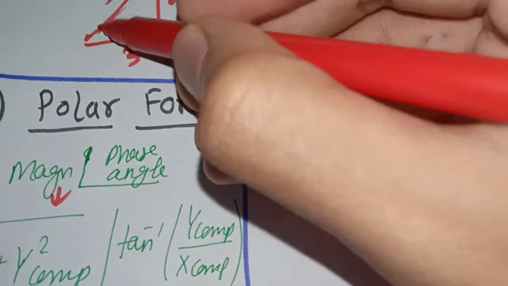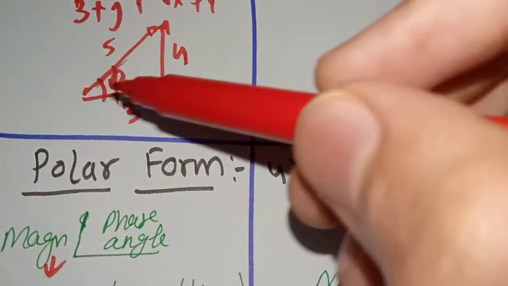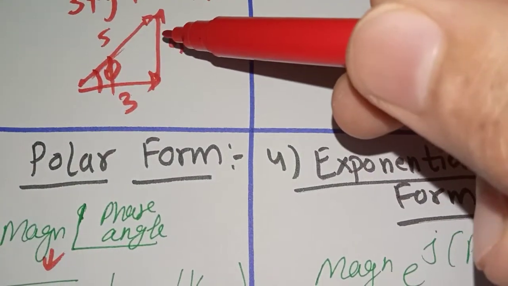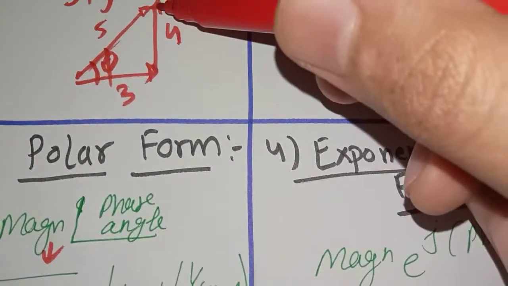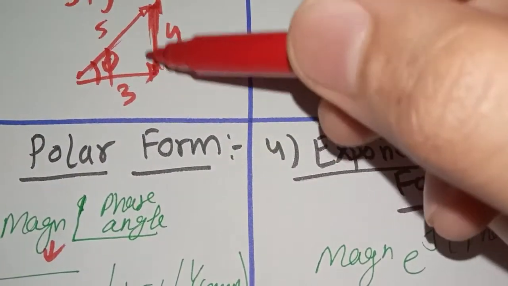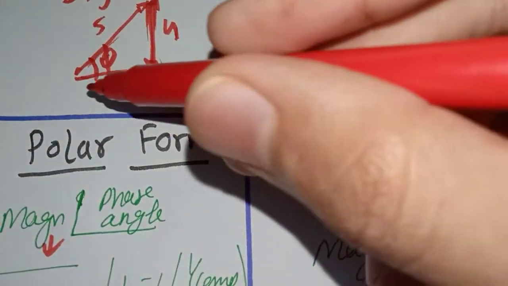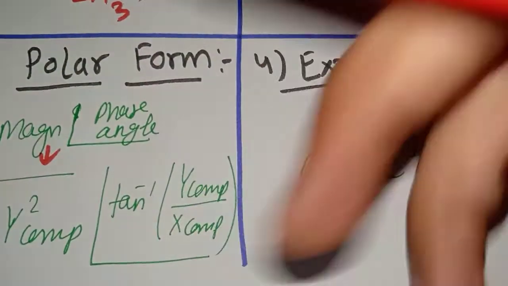See here, suppose this is the phase angle phi. From that, tan theta equals perpendicular by base. So from here you can write tan theta is equal to y component, as this is the y component, by x component. So if tan theta equals y component by x component, then theta equals tan inverse of y component by x component. This is what I have written here.